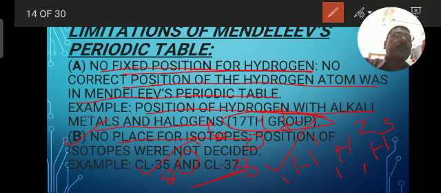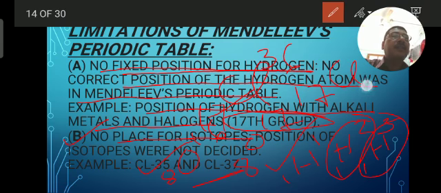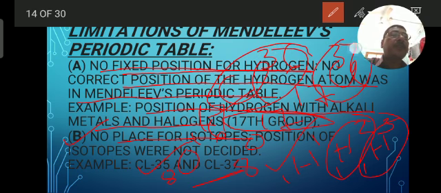These are atoms of the same element, but there is no place provided for isotopes like 1H2 and 1H3. Chlorine also, chlorine 35, 17, chlorine 37. These are isotopes of chlorine, but there is no place for the isotopes of chlorine, isotopes of oxygen, isotopes of hydrogen.